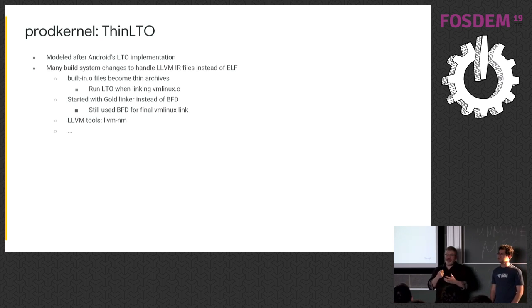Mostly, it has to do with the fact that during LTO, you generate LLVM IR files instead of ELF files. So you don't generate ELF files until you start linking the vmlinux.o file, and that's when you do all of the LTO optimizations.